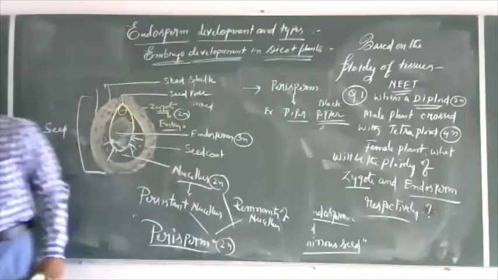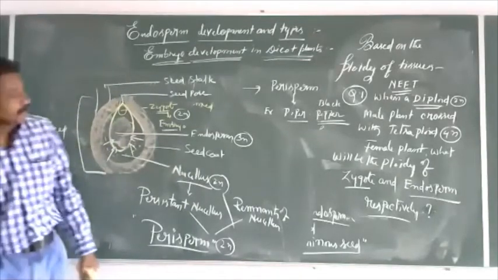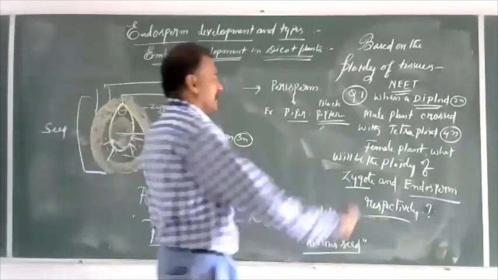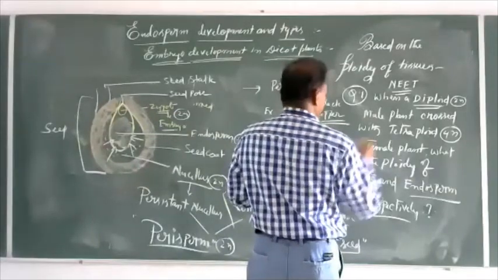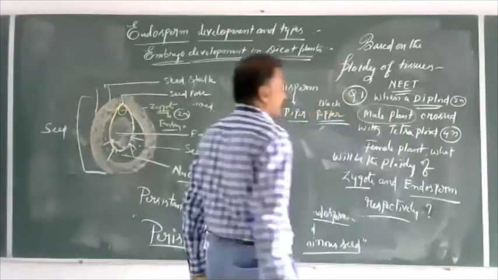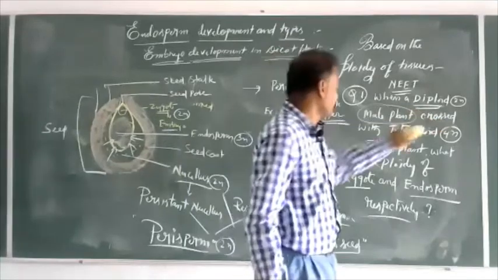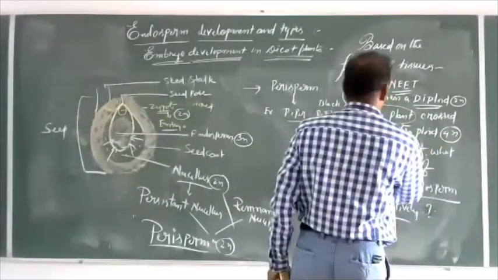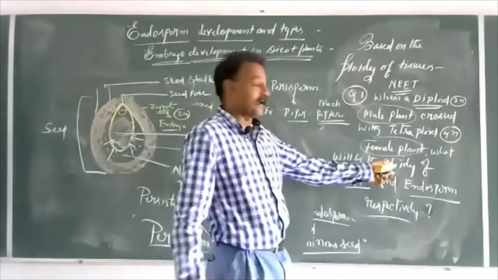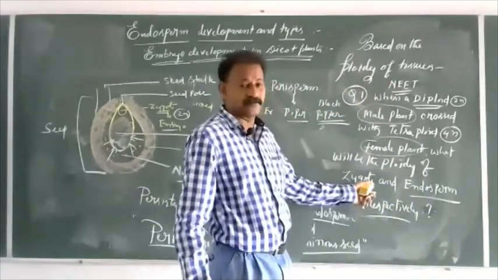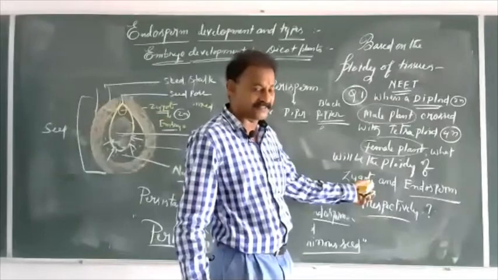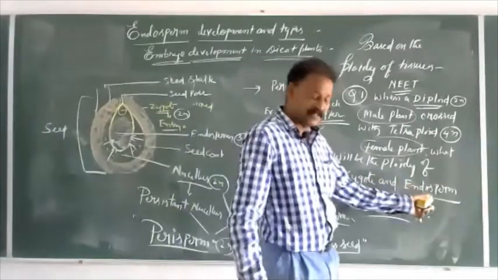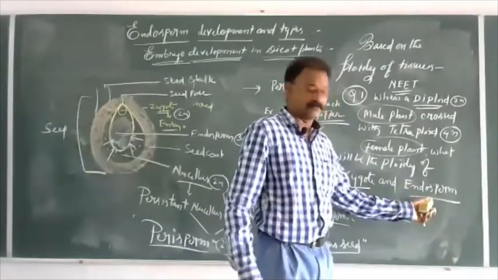Read the question. When a diploid male plant is crossed with a tetraploid female plant, what will be the ploidy of the zygote, which is the resultant product of fertilization, and what will be the ploidy of endosperm?